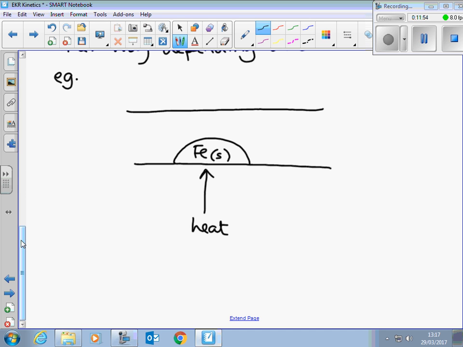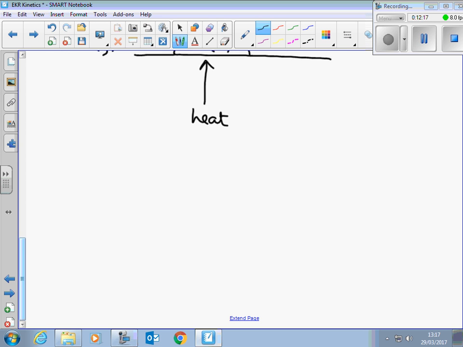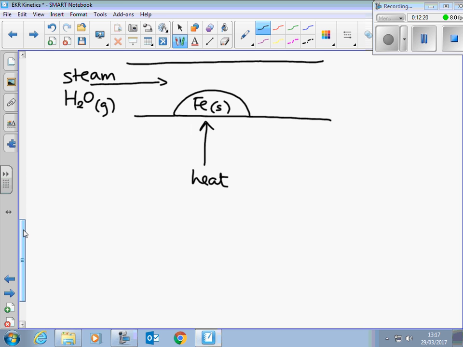And we pass steam over it, which of course would be water in a gaseous state, not liquid as we would normally write. Then we get a reaction where, well, what's going on here is the iron, solid, and water. In this case, just checking my notes, I have put gas.